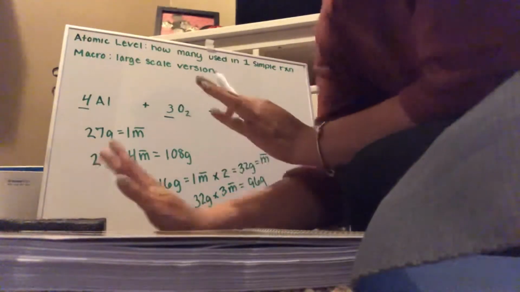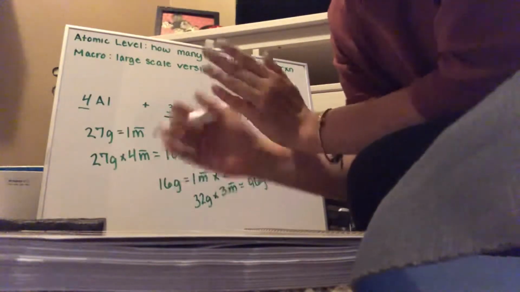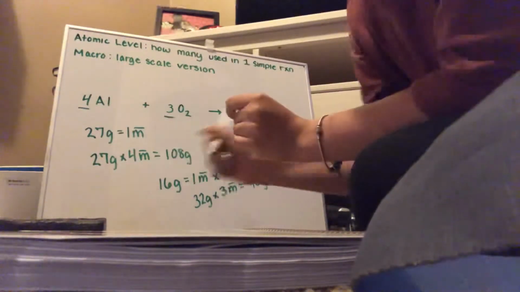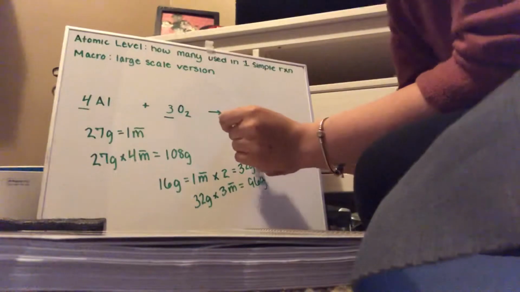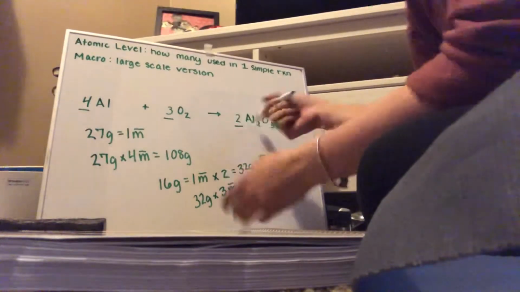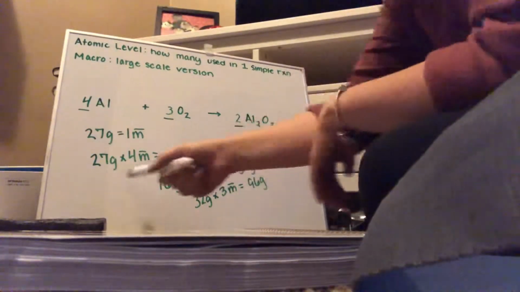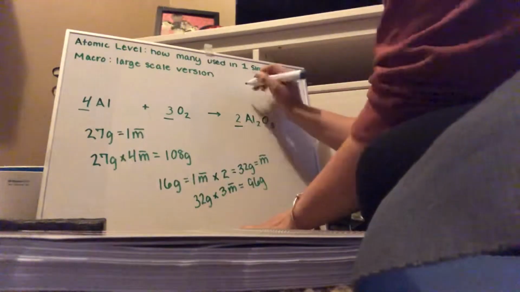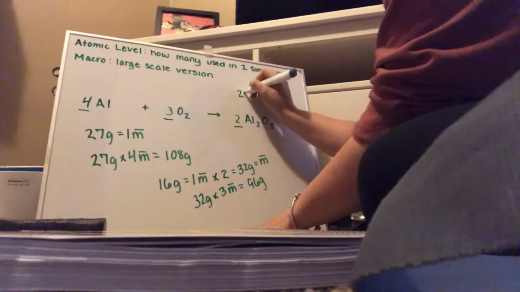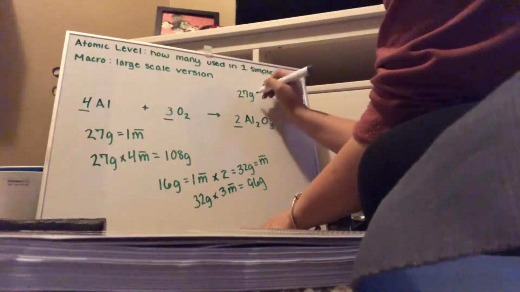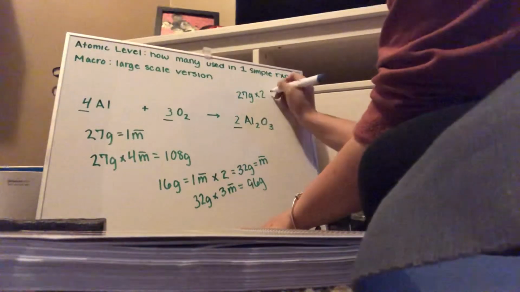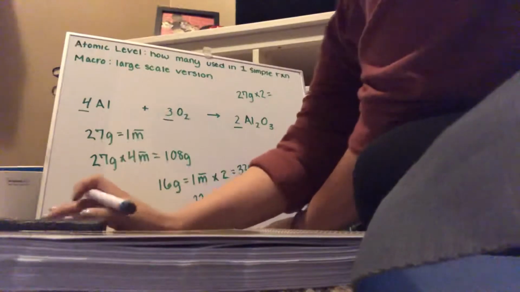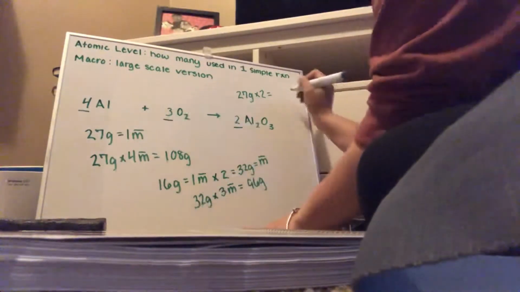No, it should be the same because everything should even out at the end. That's what we did when we balanced the equation. But you're going to do it based on this. So I have 2 aluminums, which was 27 grams, times 2 for down here. 27 times 2, 54.